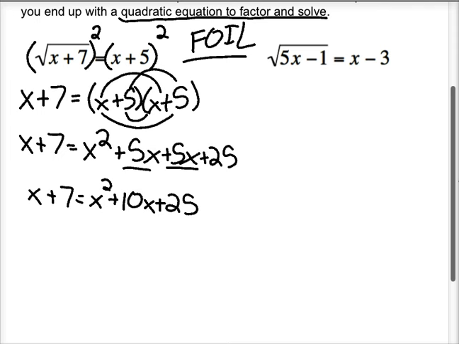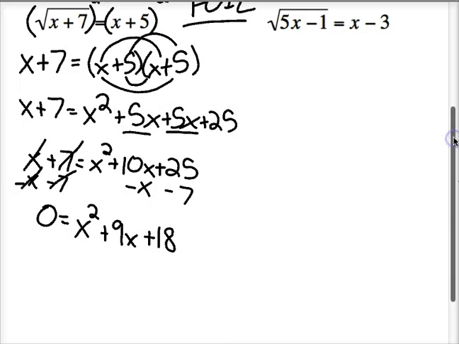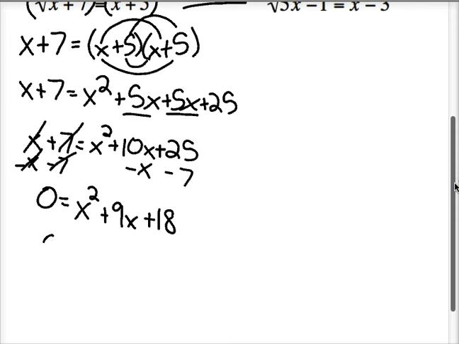So I'm going to subtract x from both sides. I'm going to subtract 7 from both sides. So 10x minus 1x is 9x. 25 minus 7 is 18. So the goal here is to get you to remember that when you go through this entire process, you end up getting something that you can factor.